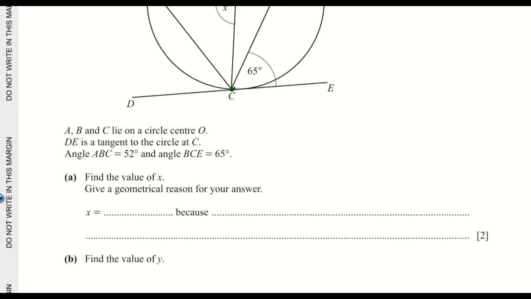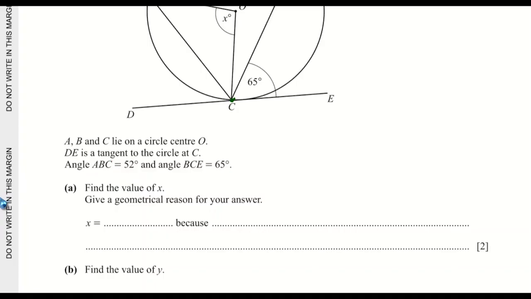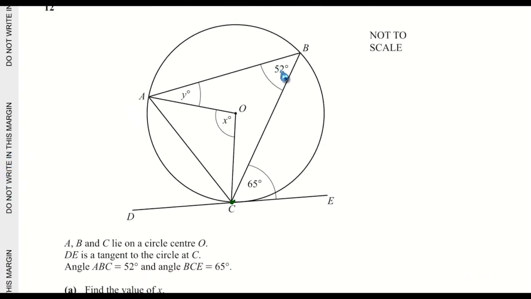So here we can say x equals 104, because this is angle at center, which is twice the angle at circumference. So x equals 52 times 2.